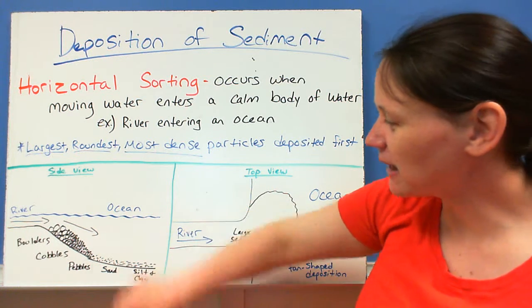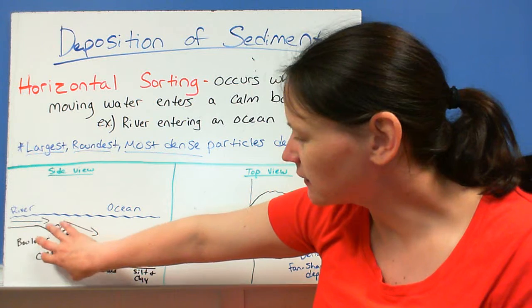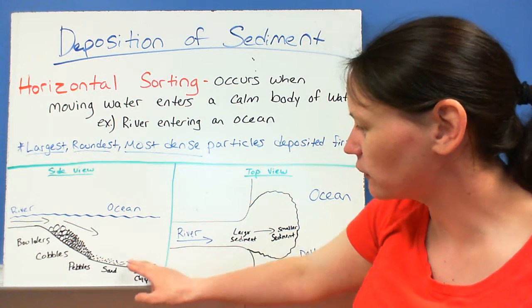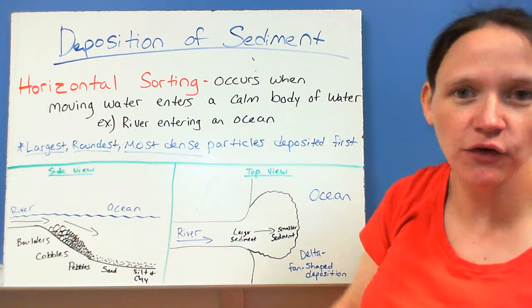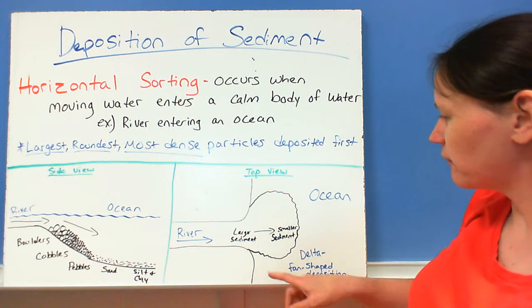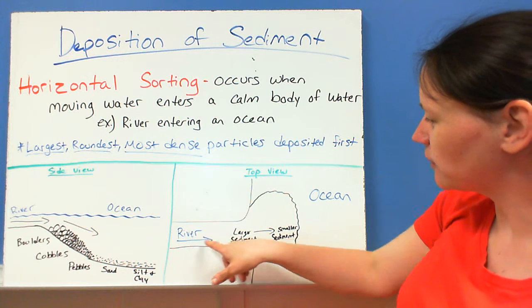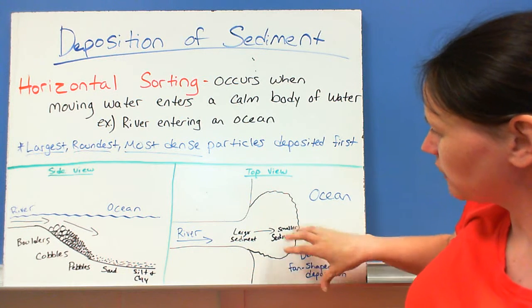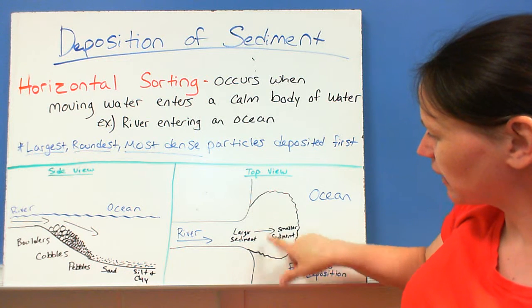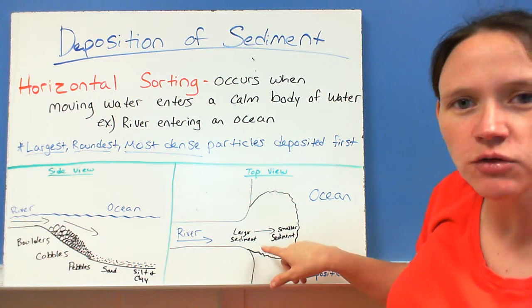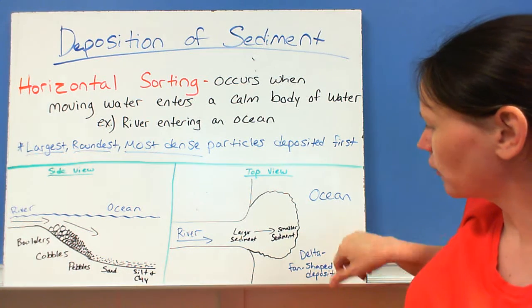So this is looking at it at a side view, so you can see the sediment is getting deposited when it first enters the ocean, and then the smaller stuff is settling out later, further out into the water. And then we have a similar, this is a top view, and you've got the river entering the ocean right over here. And the larger sediment, again, is going to be closer to where the river enters the ocean, and then it's going to get smaller as you go out.